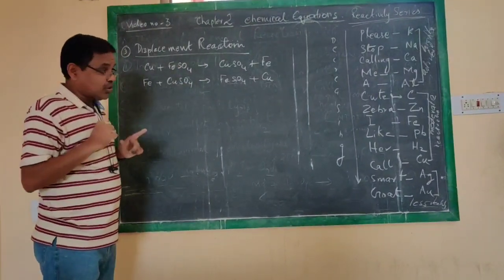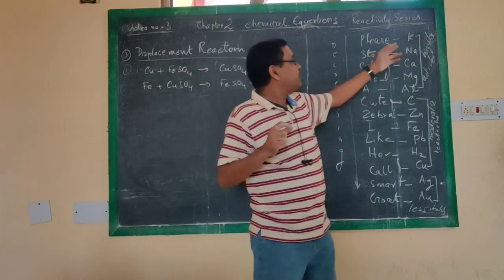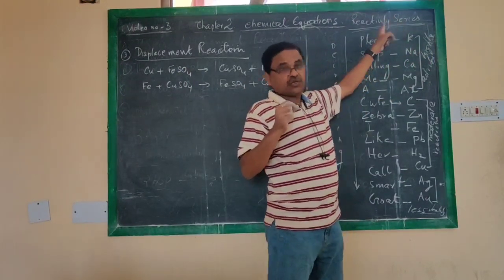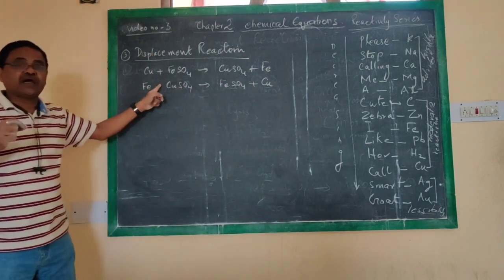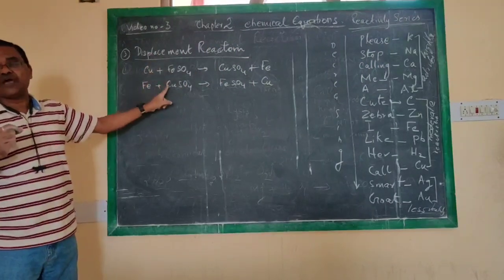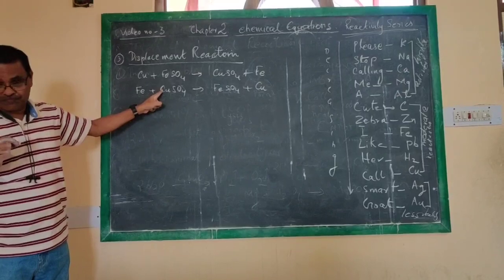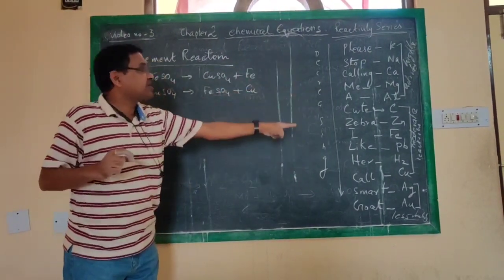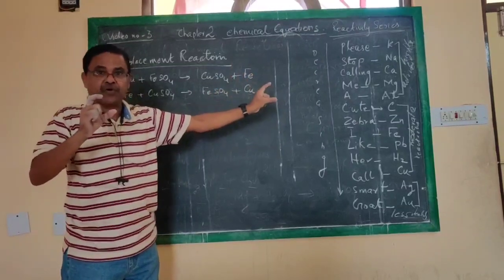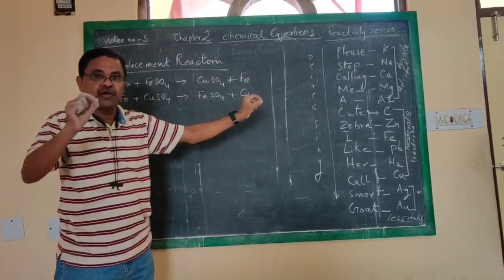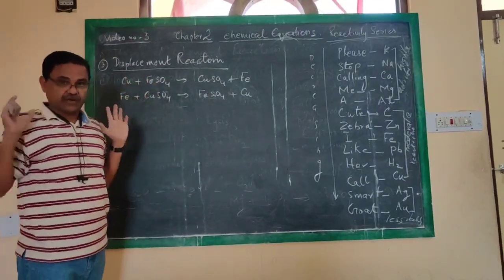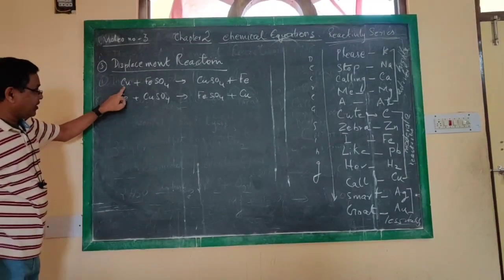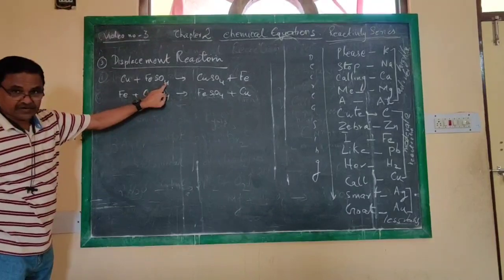How can we come to know? Only if you are perfect in this reactivity series will you be able to understand which reaction is correct and which reaction is wrong. That means learning the reactivity series is the most important part in chemistry to get into perfection. Here you see copper is reacting with ferrous sulfate.